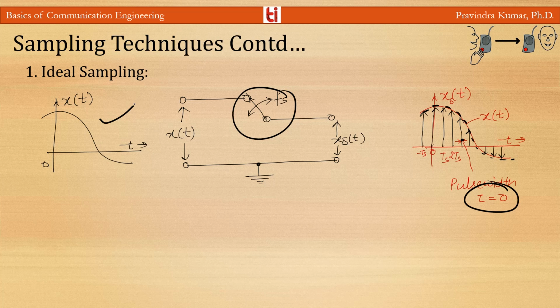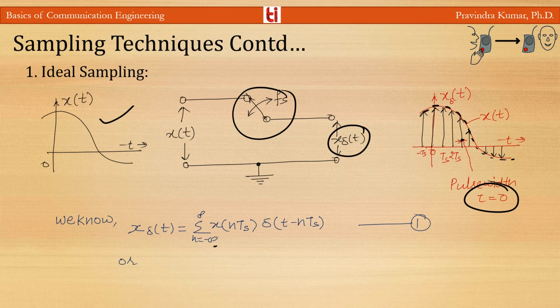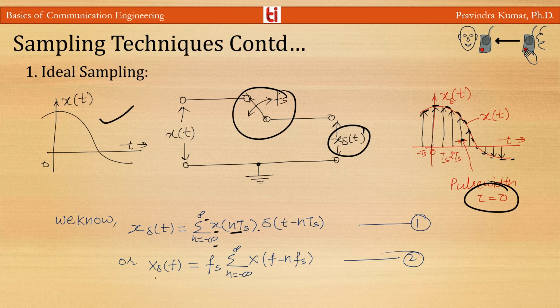We know the sampled signal x delta t can be given as the summation from minus infinity to infinity of x(nTs) into delta(t minus nTs), or in the frequency domain, X delta f equals fs into the summation from minus infinity to infinity of X(f minus nfs). This is your ideal sampling.